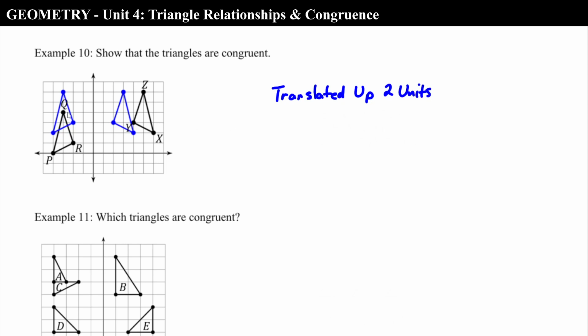And then we have a reflection across the y-axis, because you can see it flips across the y-axis, so that's a reflection. And then we have it translated to the right by 2 units.